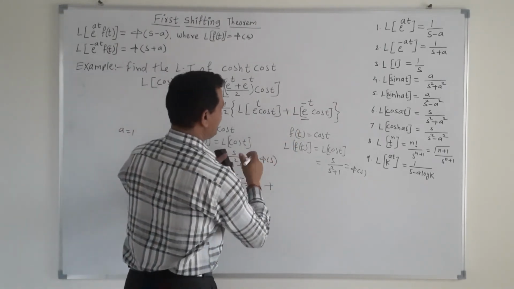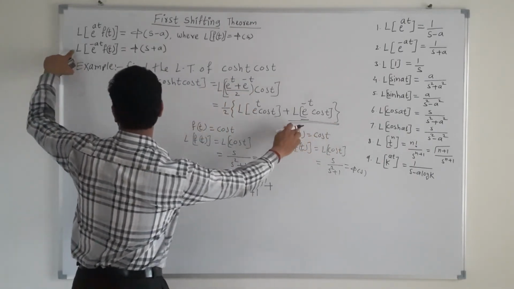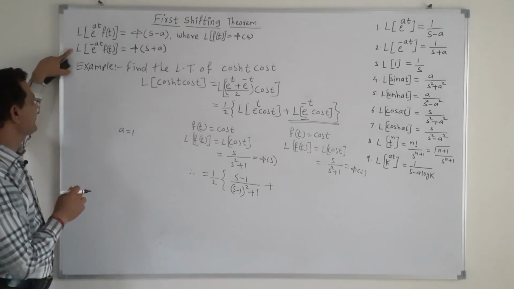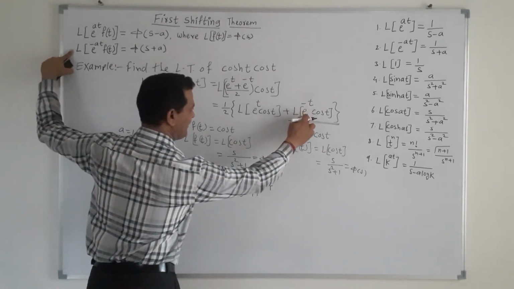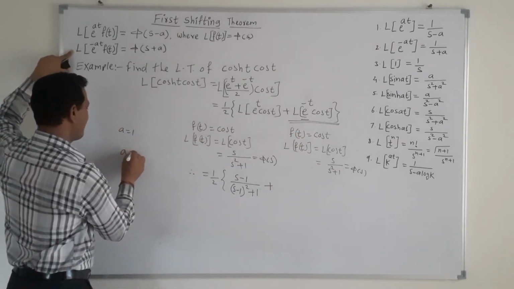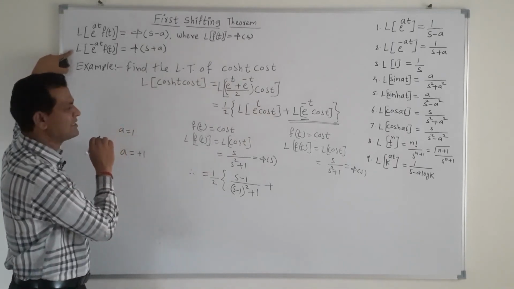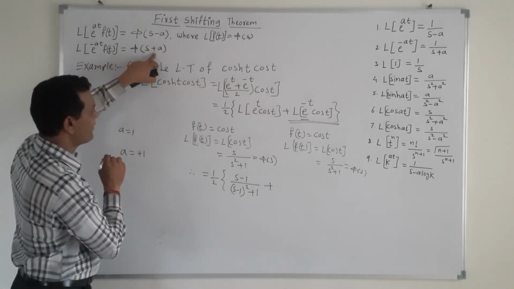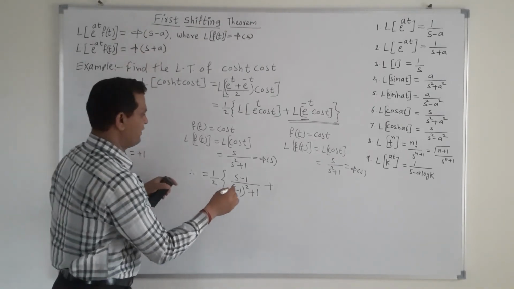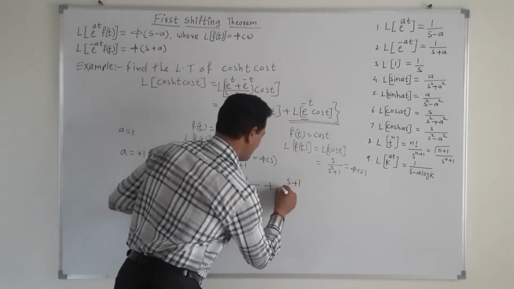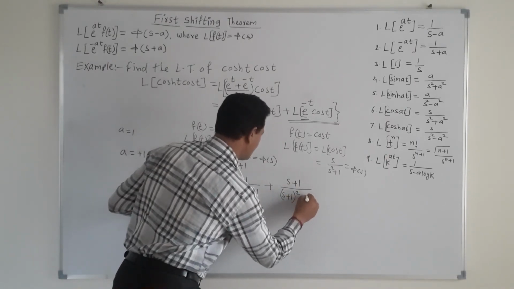Now for the second part, if we compare with the second part of the shifting property, if the power of e is negative, then the value of a is minus 1, but here we add 1 to the parameter s. So we write this as s plus 1 upon s plus 1 its square plus 1.